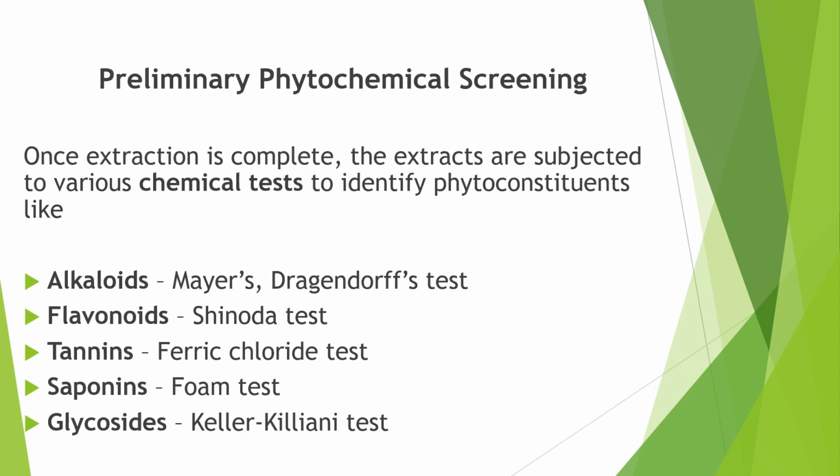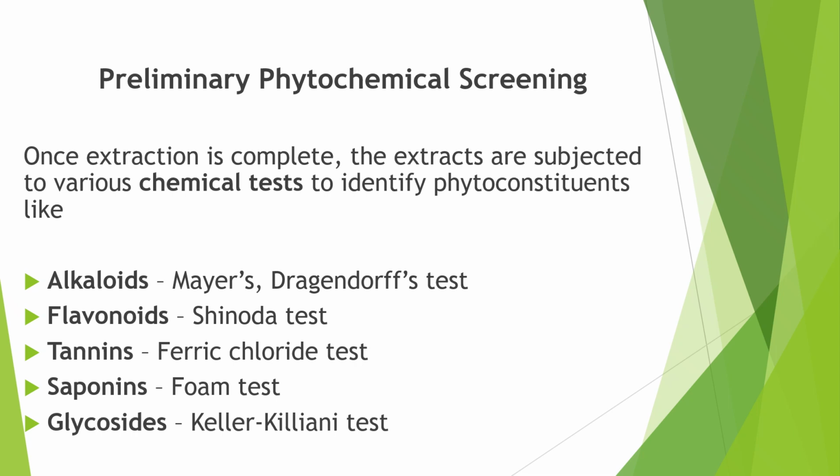Preliminary phytochemical screening is very important in relation to extraction. Why? Because after extracting the products, you have to screen the product phytochemically to see whether the extracted product is of specific value or specific character or not. To judge the character, we have to go for different types of chemical tests.